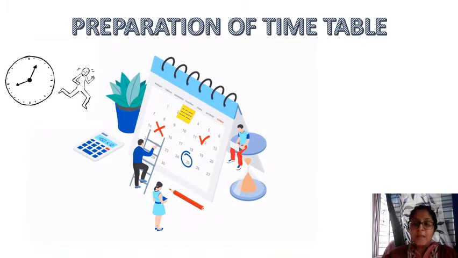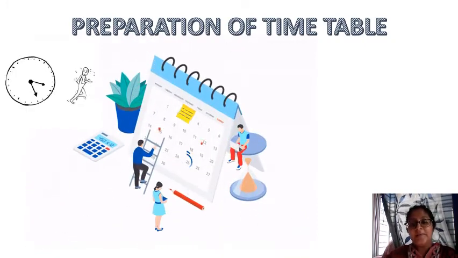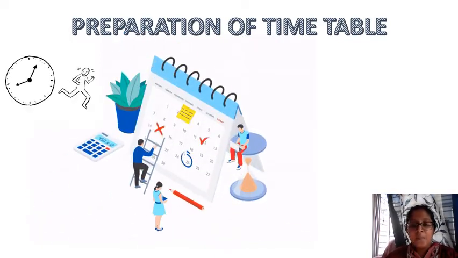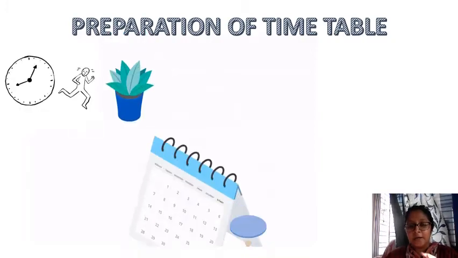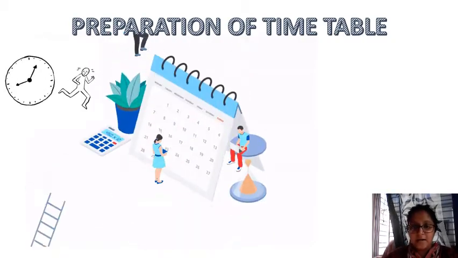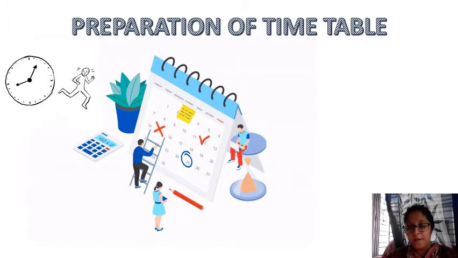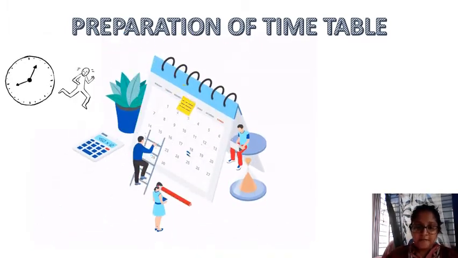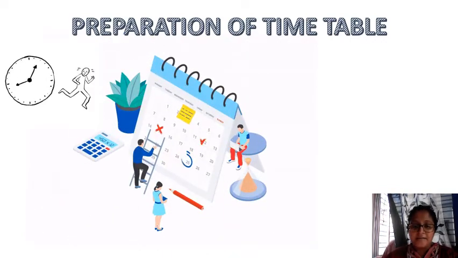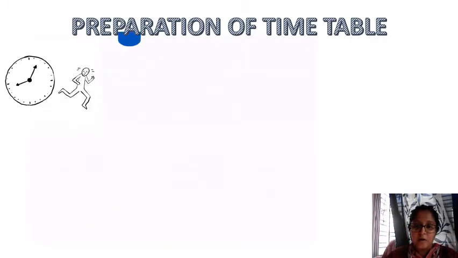And over here we can see there is a table calendar, and they have planned something. This guy is planning something, this girl is also planning something. Over here some calculations are there, and there are some checklists as well, right?